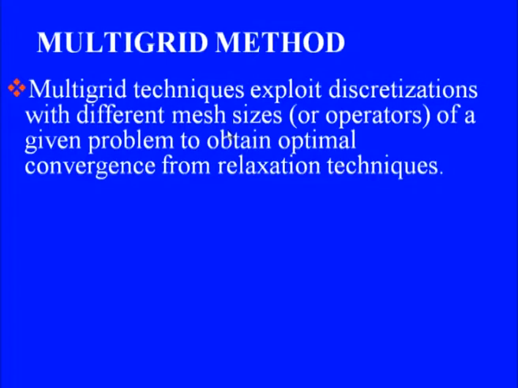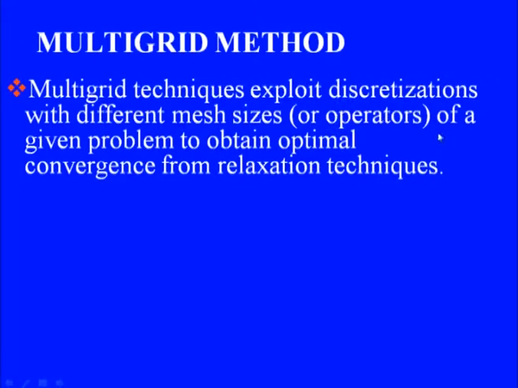In some cases, it may not be possible for us to come up with a sequence of nested coarse grids. So in that case, we can instead form what we call coarse grid operators algebraically. That's the reason why I have put here "with different mesh sizes or operators".